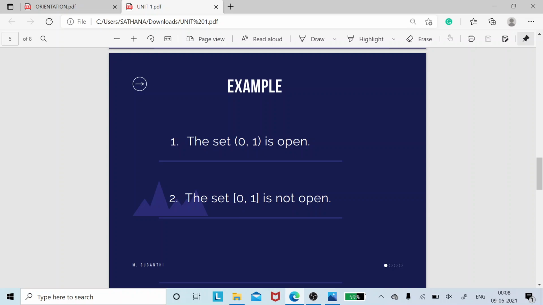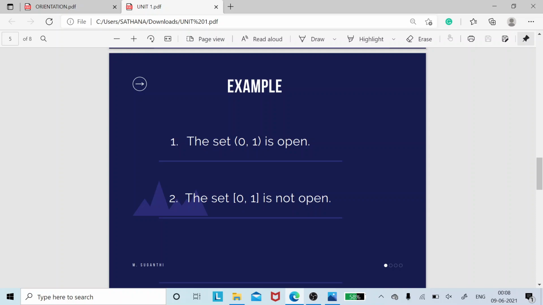So it is not open. The same case follows for the endpoint 1: (1, 1 plus delta) is not contained in the set. So the two elements 0 and 1 do not satisfy the condition given in the definition, and the interval [0, 1] is not open.